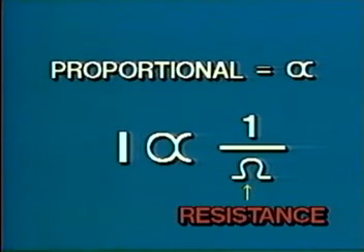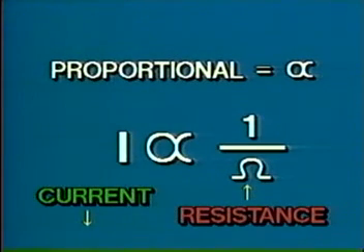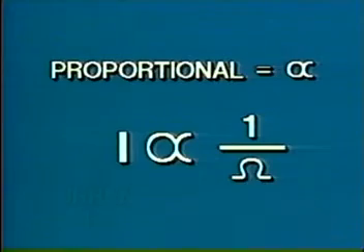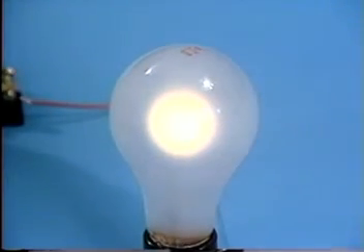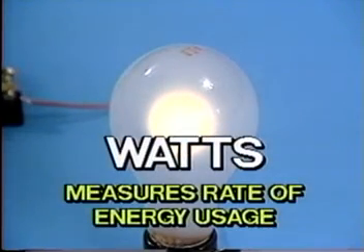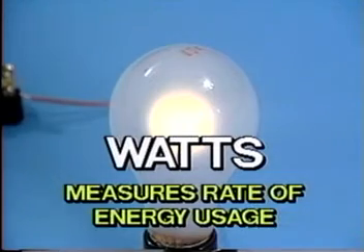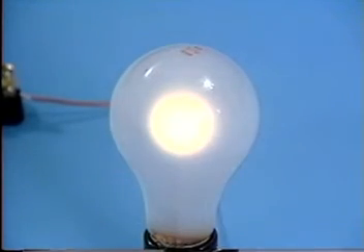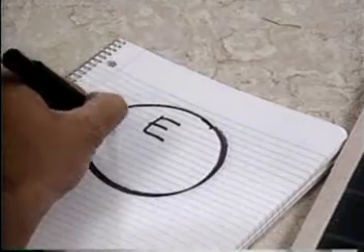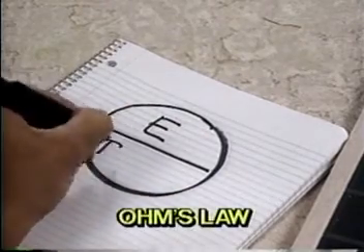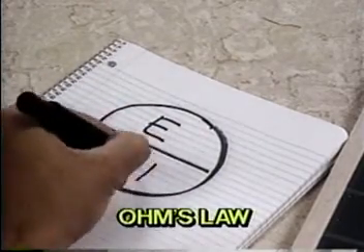The higher the resistance, the lower the current. Number 3. Watts is a measure of rate, the rate at which a load uses electrical energy. Number 4. Ohm's law is the most important single law of electricity.